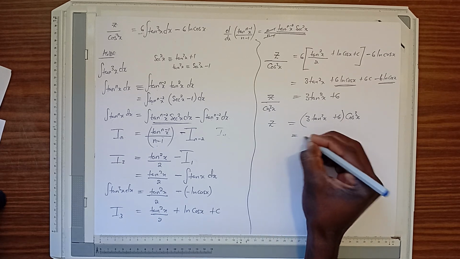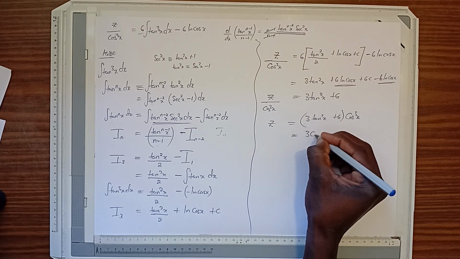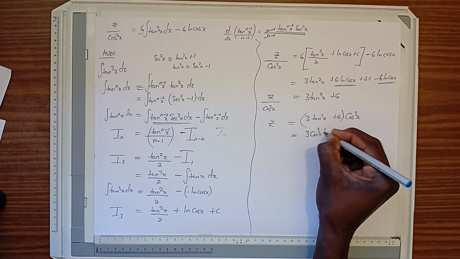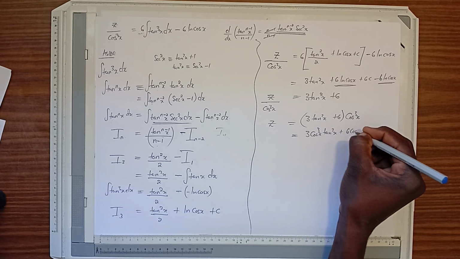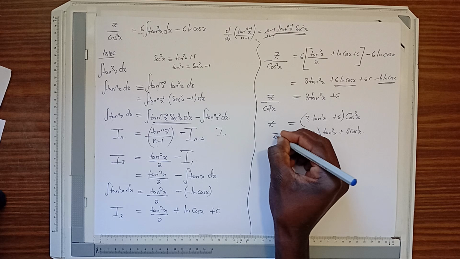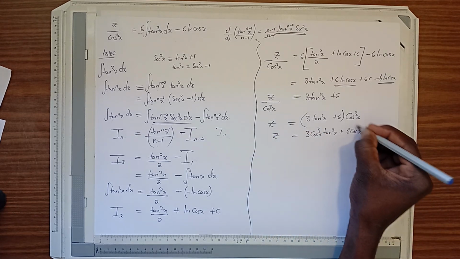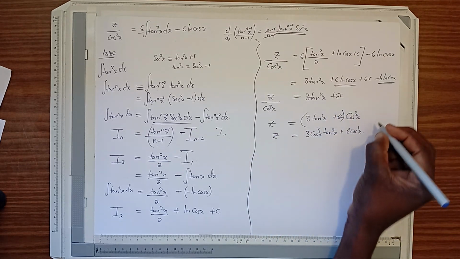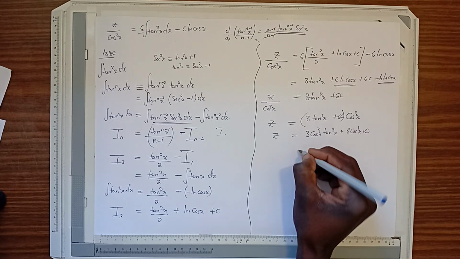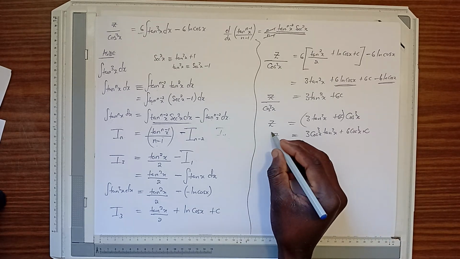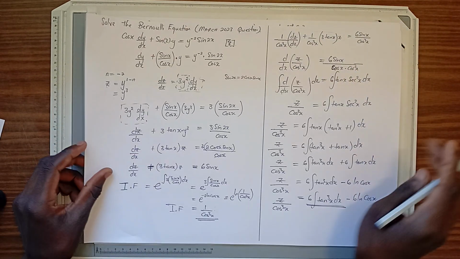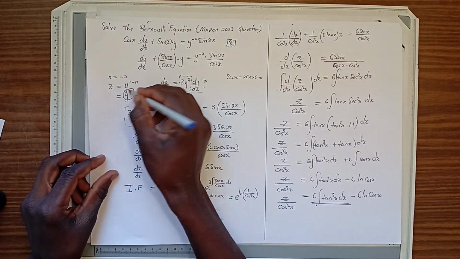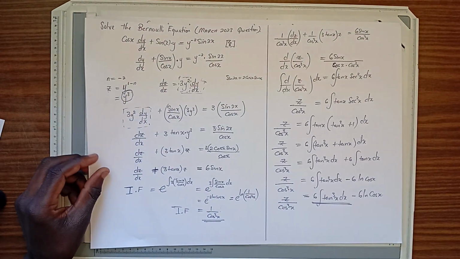Now we get 3 cos cubed of x tan squared of x plus 6 cos cubed of x times c here. So for our final answer, we know that from where we started, z was equal to y cubed.